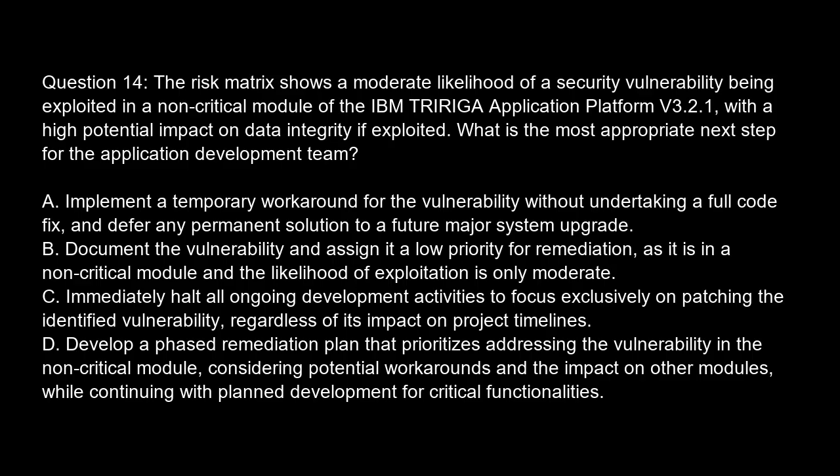Option C. Immediately halt all ongoing development activities to focus exclusively on patching the identified vulnerability, regardless of its impact on project timelines. Option D. Develop a phased remediation plan that prioritizes addressing the vulnerability in the non-critical module, considering potential workarounds and the impact on other modules, while continuing with planned development for critical functionalities.